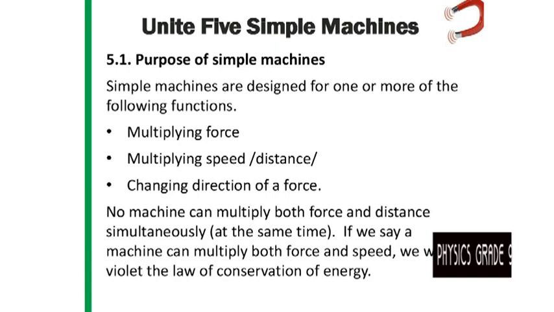This is very important when we look at machines. This will be explained in more detail as we go through the unit, why you cannot multiply both force and distance simultaneously, but it's important to know that that is a very important rule.